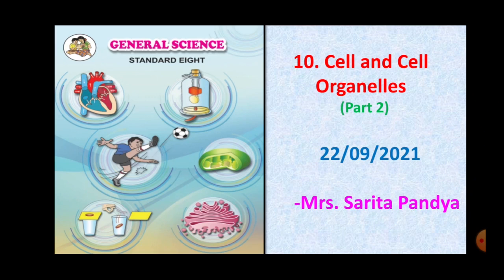Then plastids are present in the plant cell, whereas they are absent in the animal cell. One more difference we had seen is that the plant cell contains large vacuoles and animal cell has small vacuoles. So these were some of the differences between the plant cell and the animal cell.